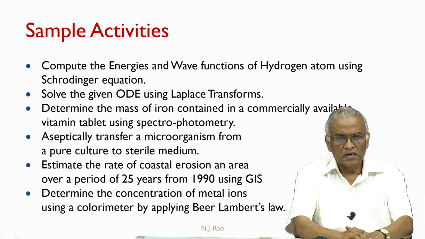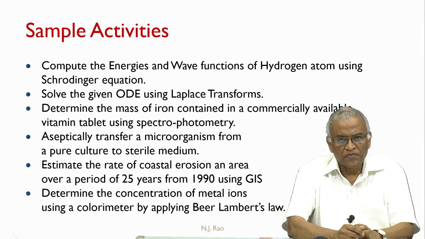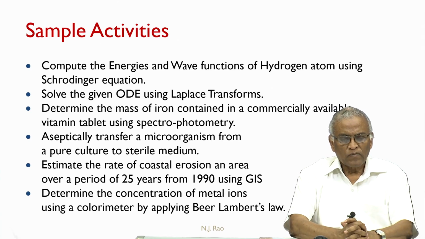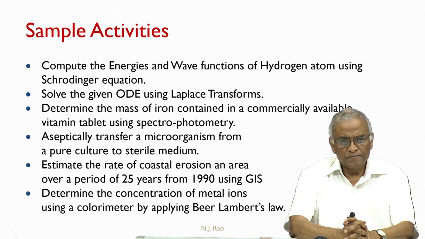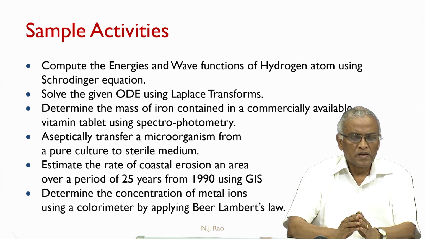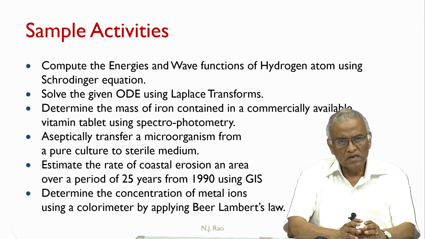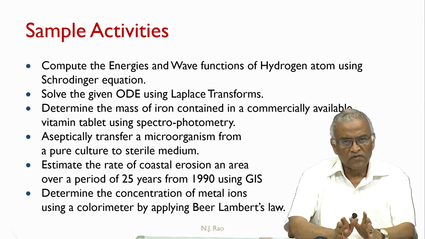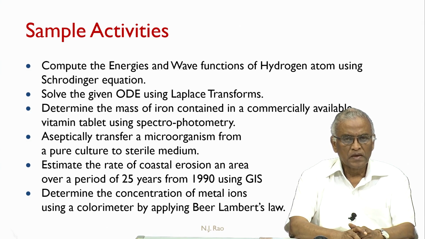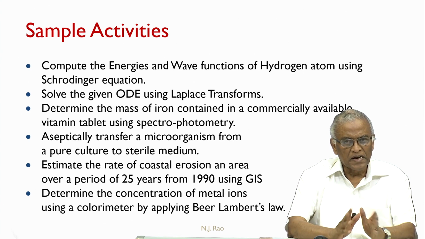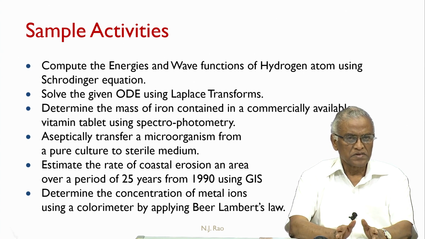Let us look at some sample activities from different subjects. Like, compute the energies and wave functions of hydrogen atom using Schrodinger equation. Now there are two parts in this. You are computing the energies and wave functions of hydrogen atom. I can also state merely that, but I put an additional condition, using Schrodinger equation.